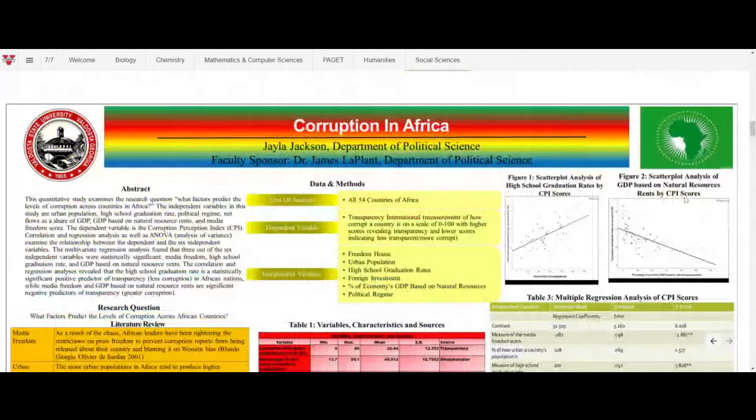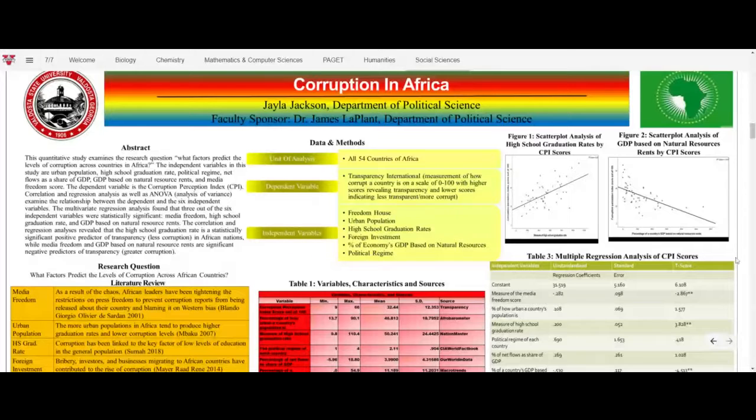So I did my research on the corruption in Africa. I'm just going to go briefly through the poster. For my abstract, my research question was: what factors predict the levels of corruption across countries in Africa? I did the study on all 54 countries of Africa. I had 6 independent variables, 6 hypotheses.